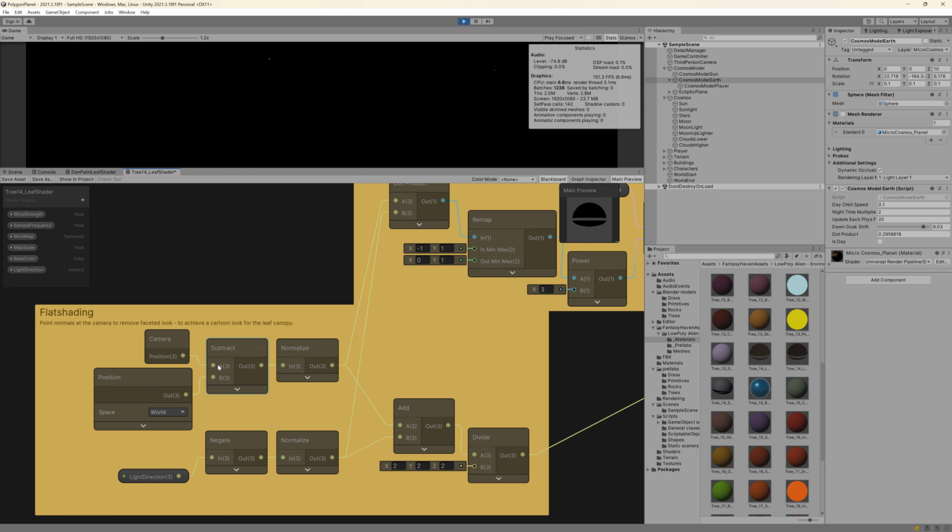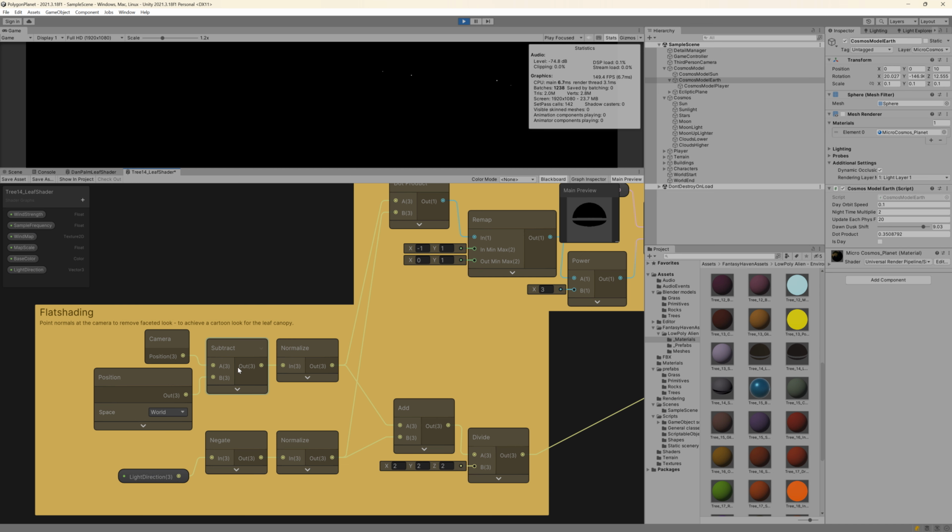So that's what that's doing: getting the vector from the camera to the tree, and getting the light direction, which we're feeding in through C#. There's a script running that updates any materials that need the light direction like this. That updates every frame. We actually need the opposite of the light direction vector being fed in there.